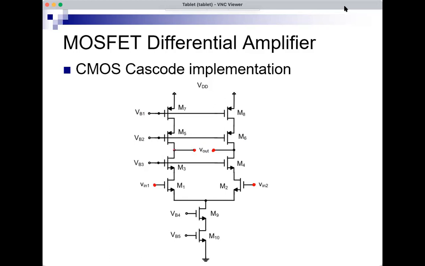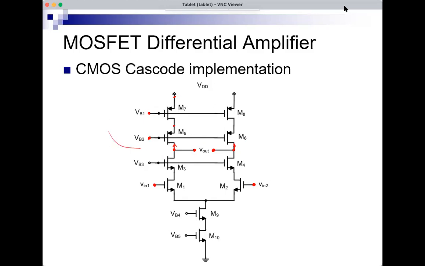What do we have between the drains of M3 and M4 and the supply? I'm looking into the drain of M5 with a DC at its gate, and between the source of M5 and signal ground, I have another MOSFET with a DC at its gate, and the same thing here.